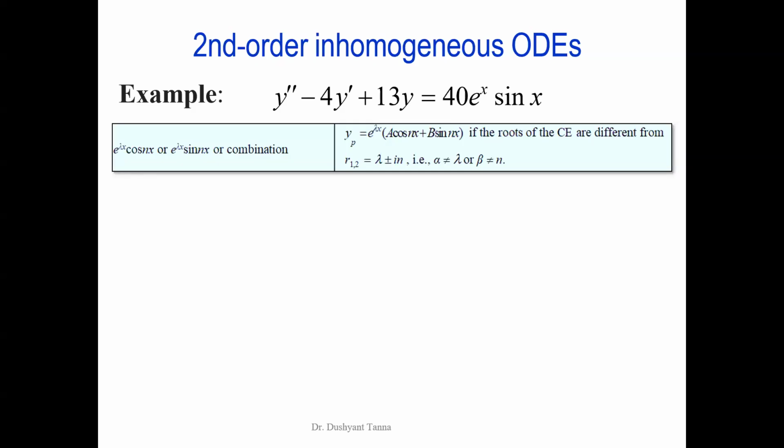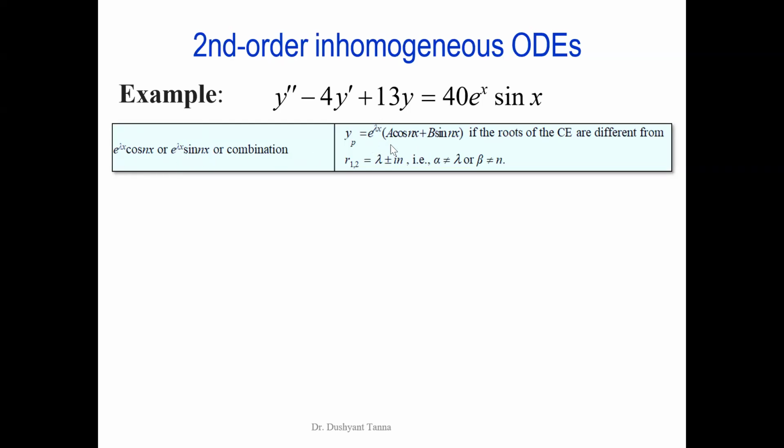Right, so we got two more examples to follow based on our table that was provided for specific sets of YP. Let's look at the next one. Don't worry about the 40, but e raised to x sine x is a combination of exponential and trig. So that's this part here, either cos or sine or a combination. So this is only sine.